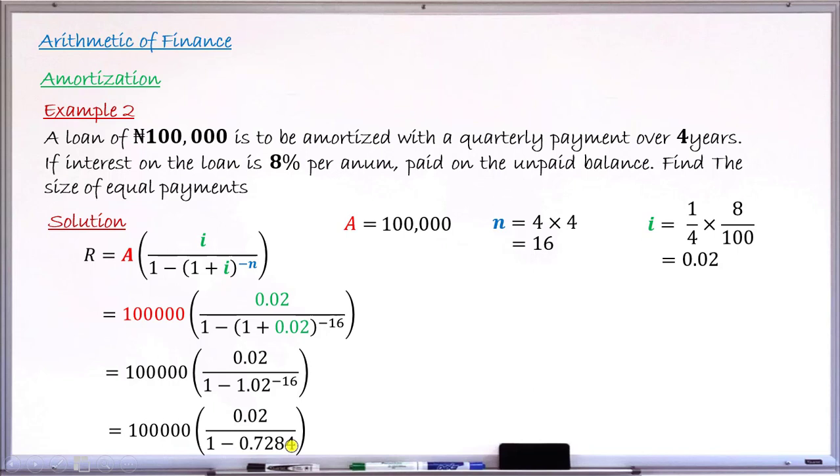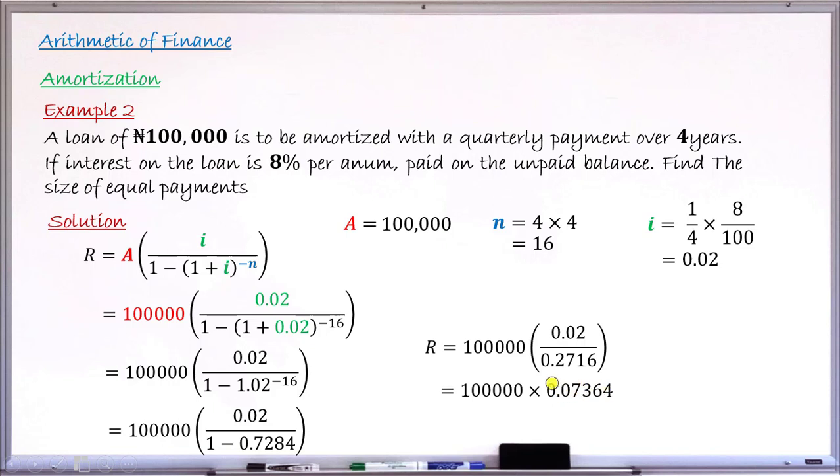So I'll continue. What I'm going to do next is to subtract 0.7284 from this very 1. If that is done correctly, you now have 0.2716. Next I'm going to divide 0.02 by 0.2716. If that division is done correctly, you now have 0.07364.